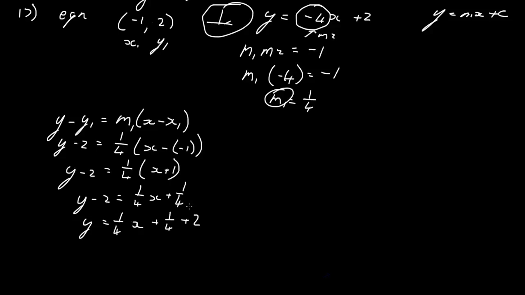We needed to take that across. y is equal to 1 over 4 x plus, 1 over 4 plus 2 is equal to 9 over 4. And there you go. There's your perpendicular line.